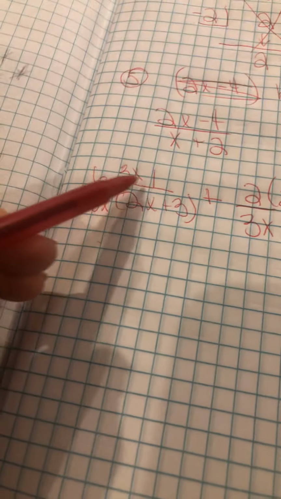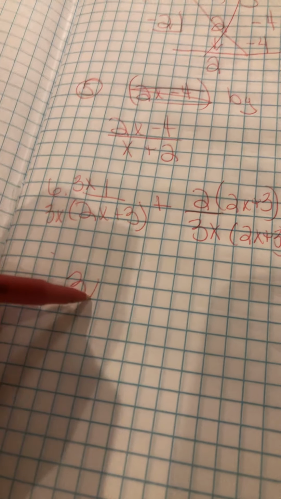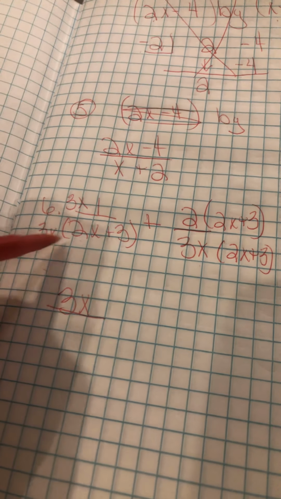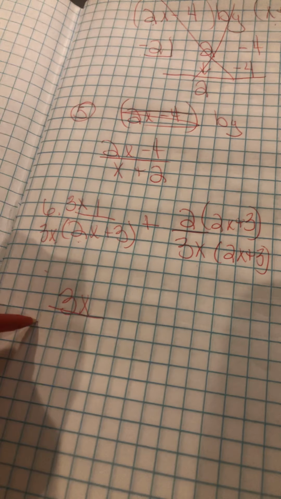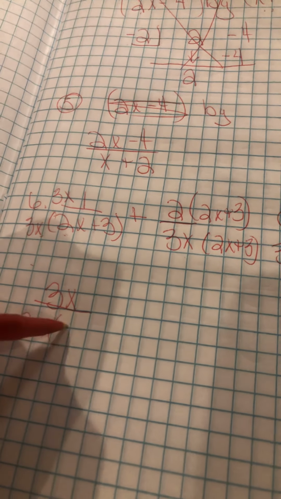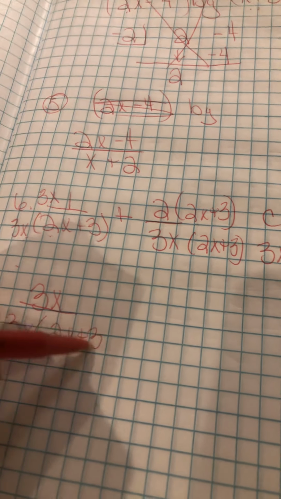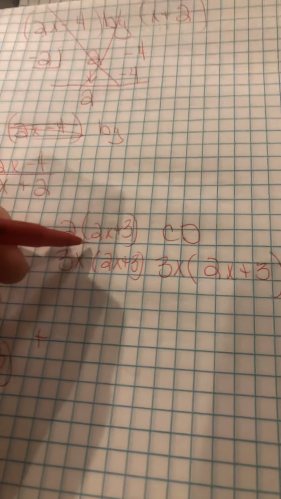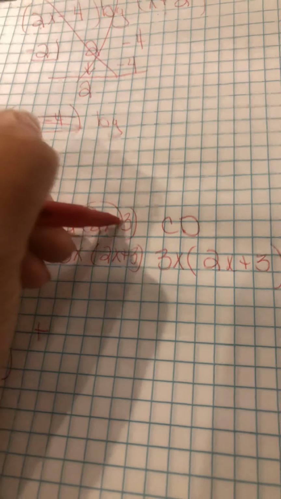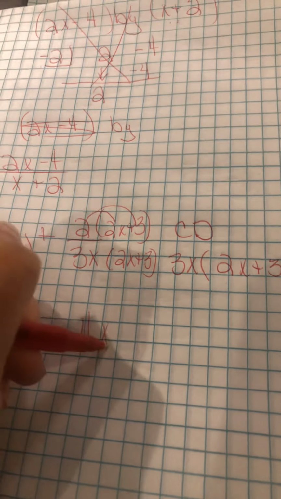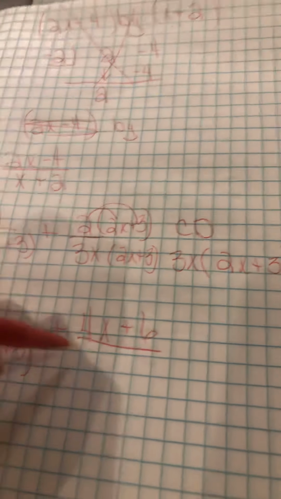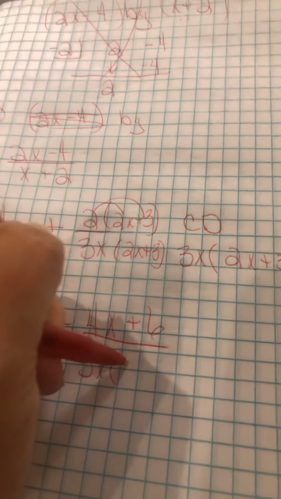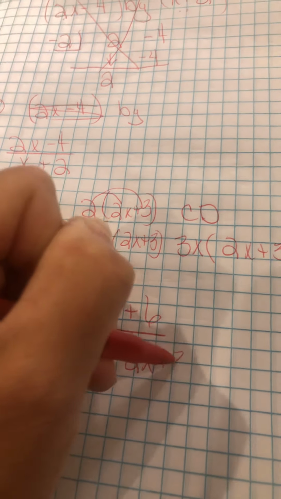Okay, so I'm going to multiply the 3x times 1, and then we're just going to leave this as 3x over 2x plus 3, and then plus, I'm going to go ahead and distribute this 2, and we're going to make that 4x plus 6 over 3x times 2x plus 3.